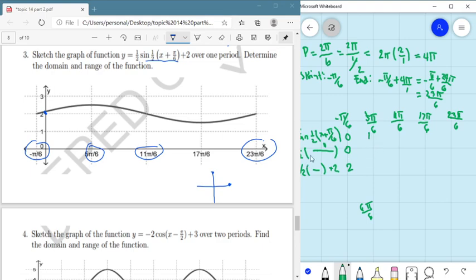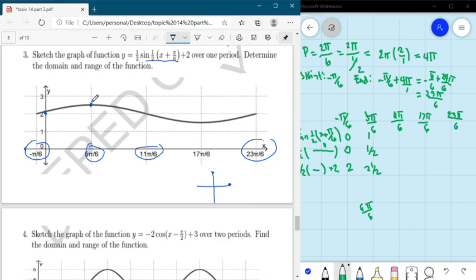Times 1/2, the answer is 1/2. Plus 2, it becomes 2 and 1/2, or 5 over 2. So for 5 pi over 6, the value is 2 and 1/2.